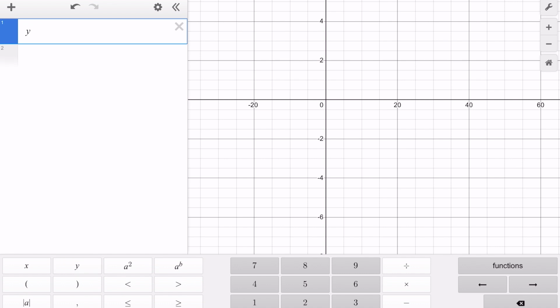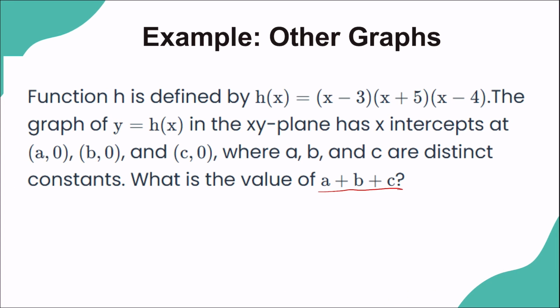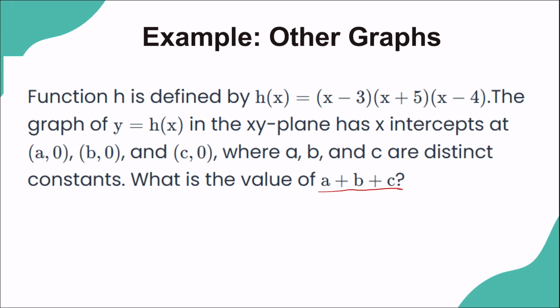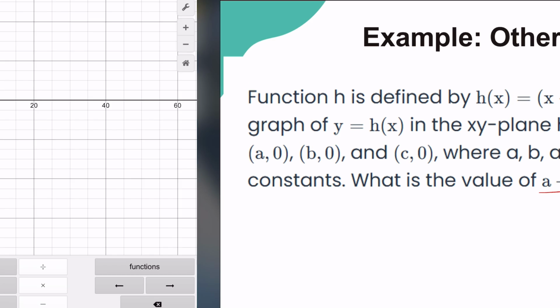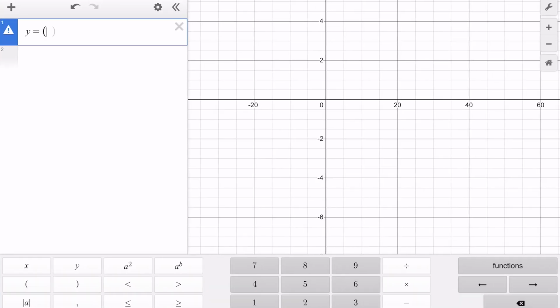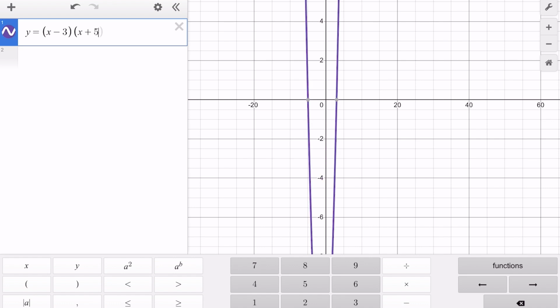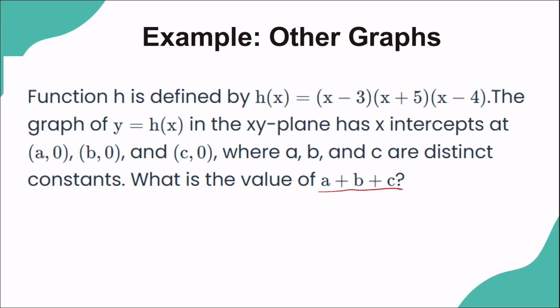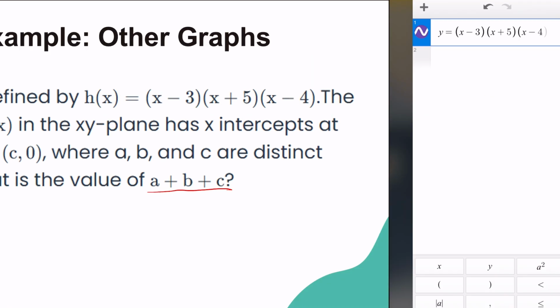So y equals, or h of x equals, in this problem, it's going to be the same difference, (x - 3)(x + 5)(x - 4).